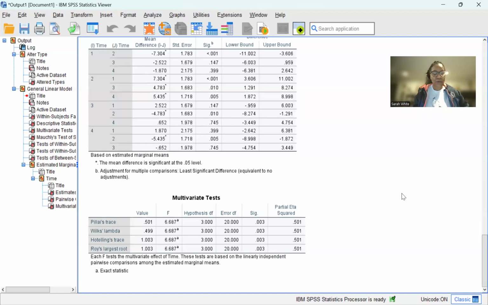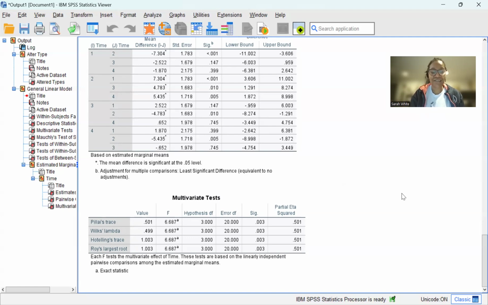So lastly, I want to go ahead and share my results in APA format. Mauchly's test indicated that the assumption of sphericity was not violated, chi-square with 5 degrees of freedom equal to 3.11, with a p-value equal to 0.683. Therefore, sphericity assumed results were interpreted.